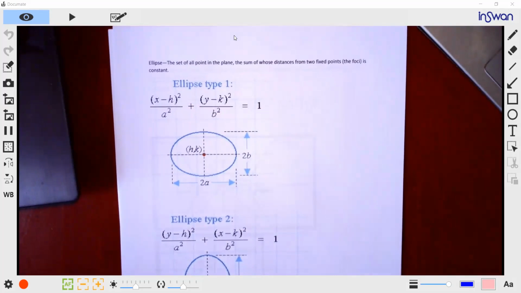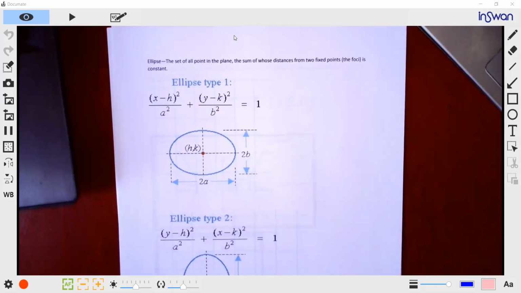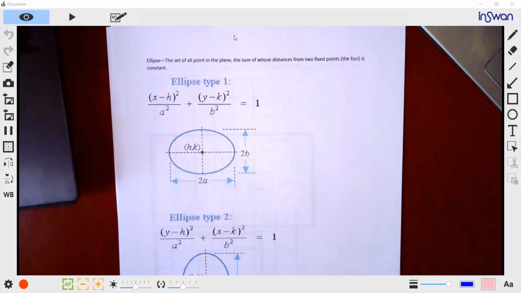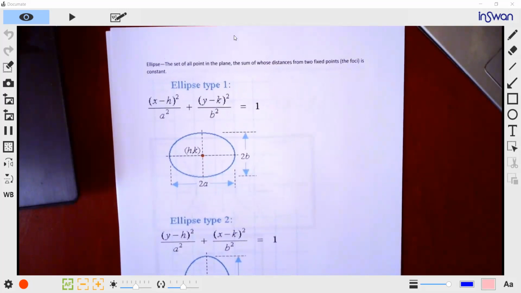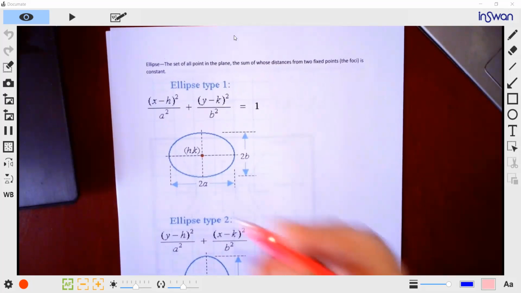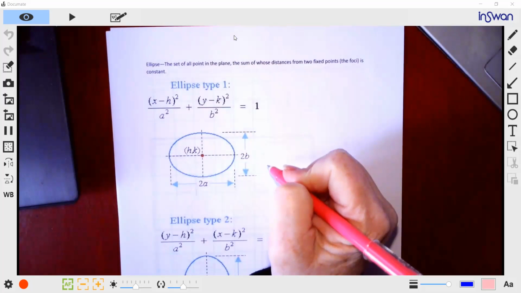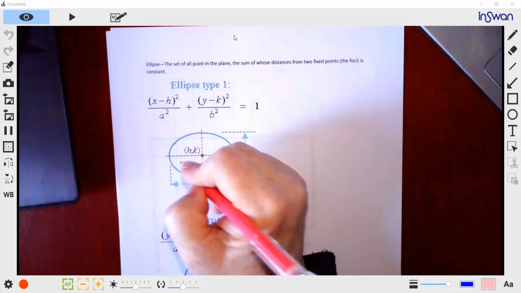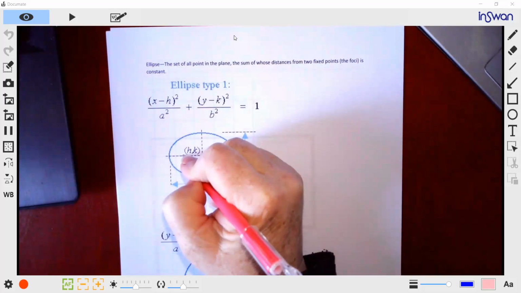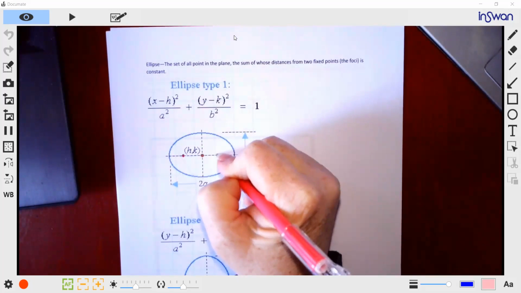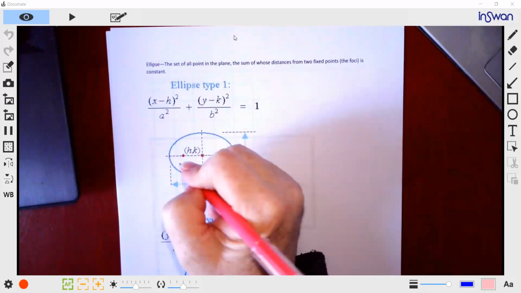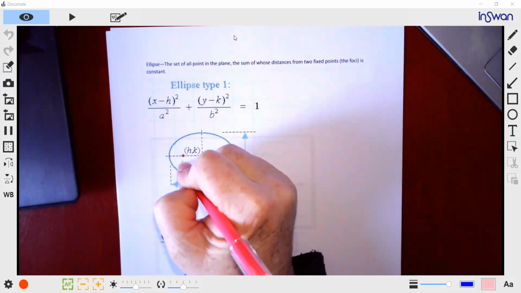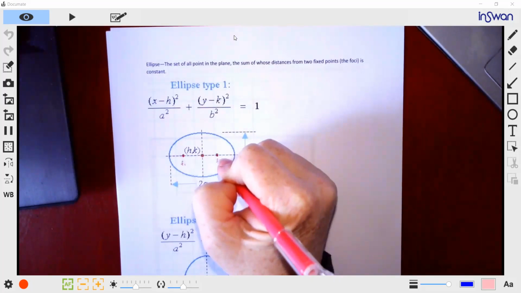Okay, so an ellipse. An ellipse, on the other hand, is the set of all points in the plane, the sum of whose distances from 2 fixed points called the foci is constant. So for an ellipse, rather than having one focus as we did on the parabola, we actually have 2 foci. I'm going to call these F1 and F2.